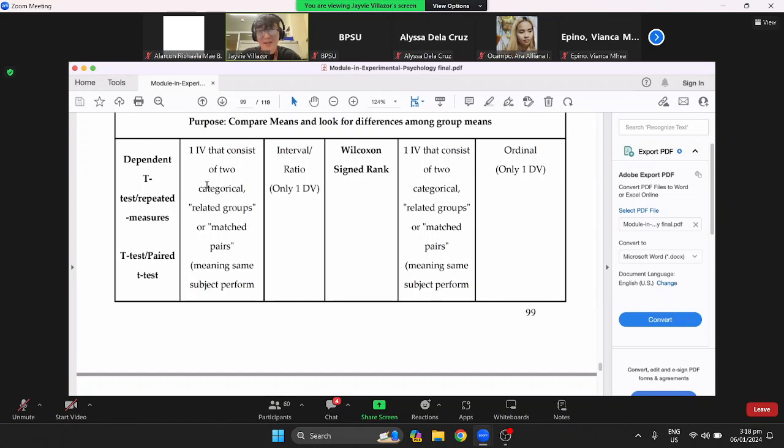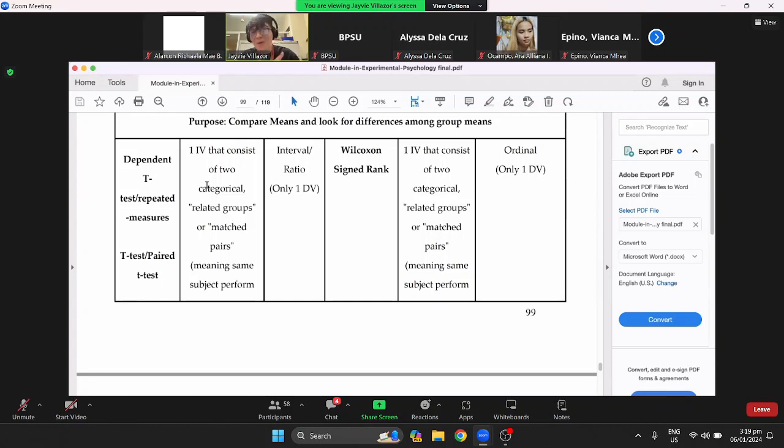And then after let's say 3 weeks diet, i-measure nyo sila ulit. Weight, let's say the weight. So pag ganun yung research mo, then you're going to utilize the dependent t-test repeated measures.